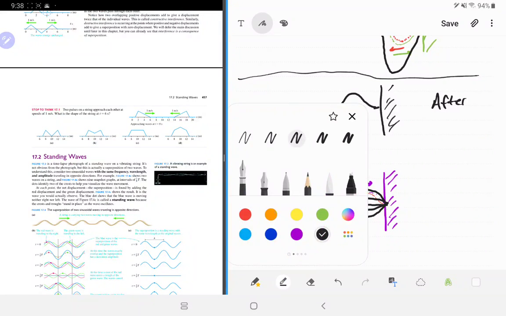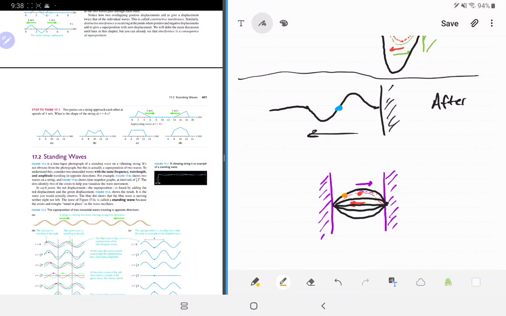So any one point on the wave will bounce back and forth between these 2 points. It'll start up here, go to the middle, go to this negative amplitude, go back to 0, back up. This one will go back and forth over a bigger distance. And right here, this only goes from here to here.